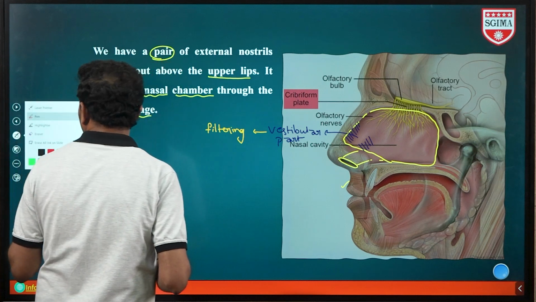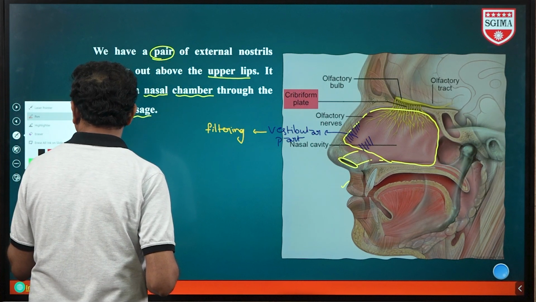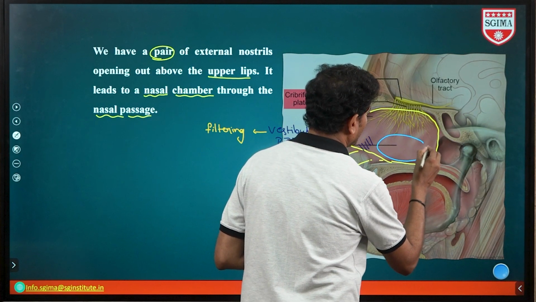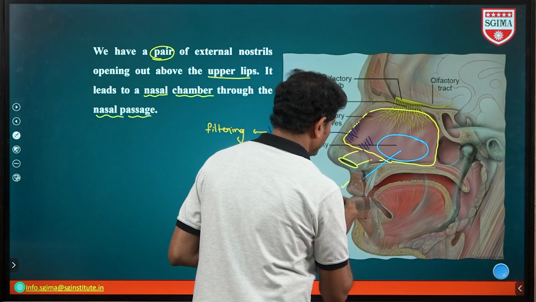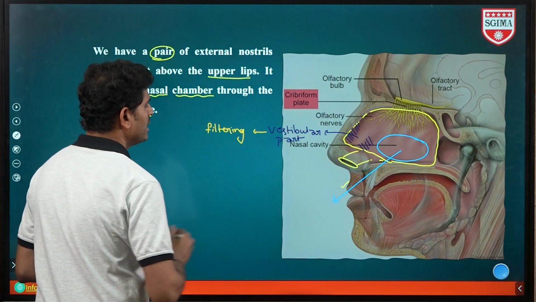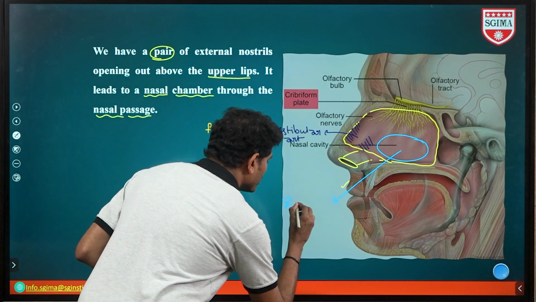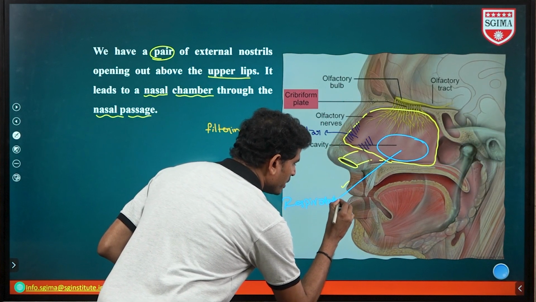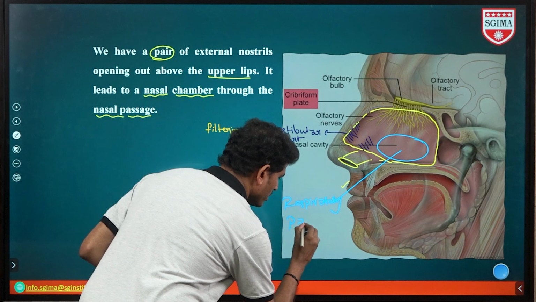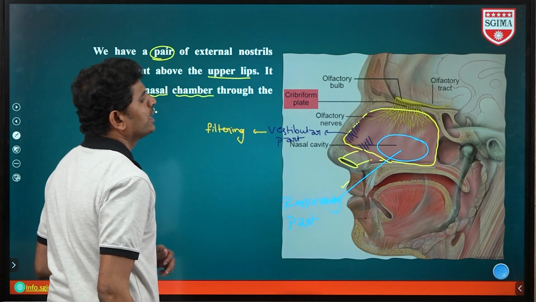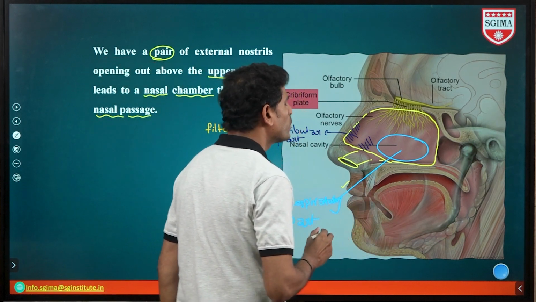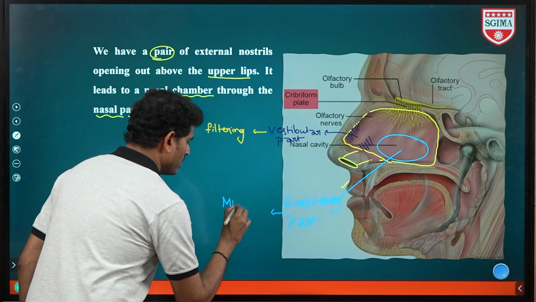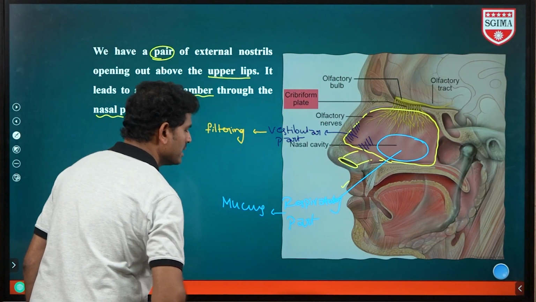Next, just behind this vestibular part, one more part is there. This portion is known as the respiratory part. In the respiratory part, a thick mucous membrane is present.